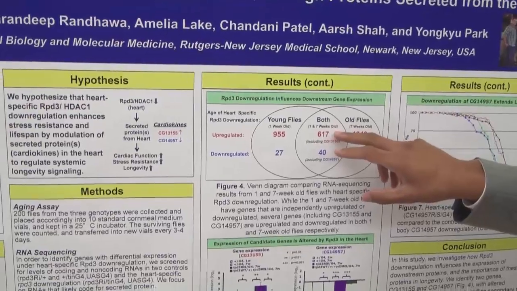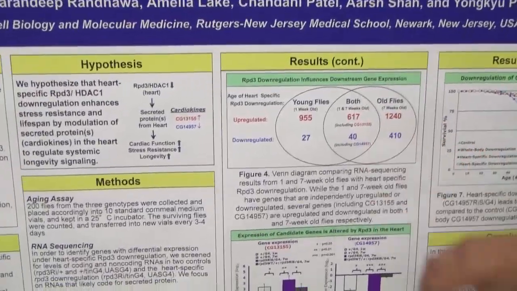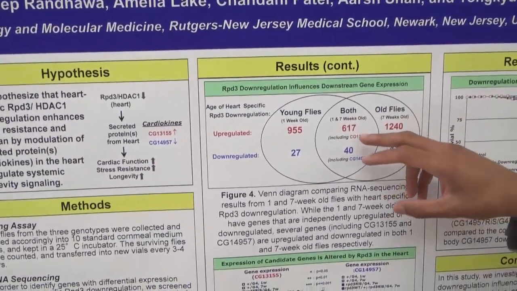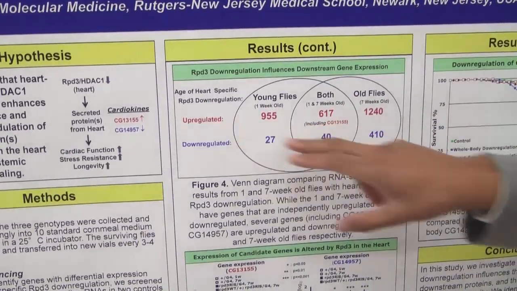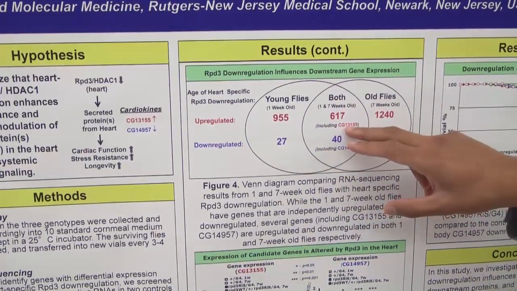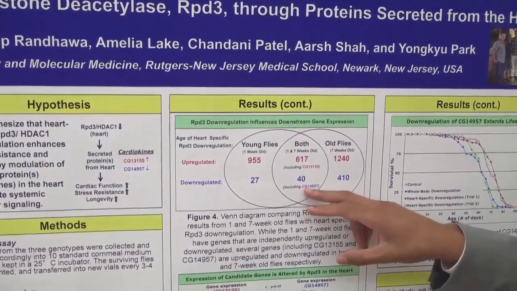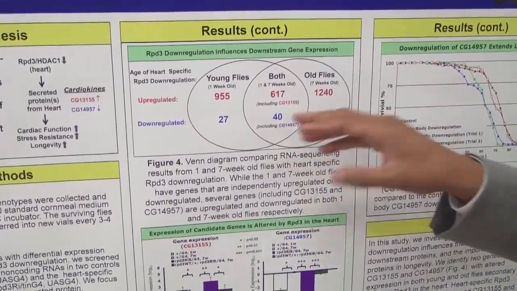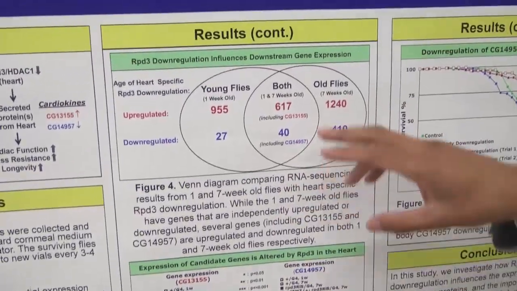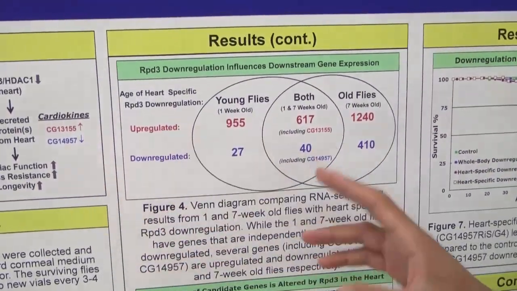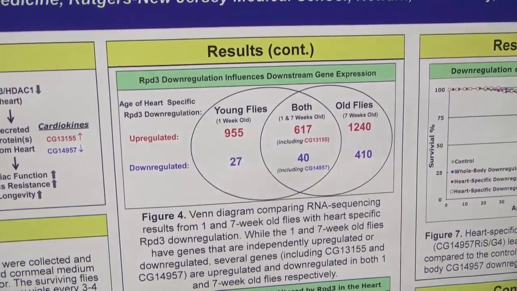We found that 617 were upregulated while 40 were downregulated, so we decided to look at the biggest changes, identifying candidate gene CG13155 as the highest increase in expression, and candidate gene CG14957 as the highest decrease in expression. That's how we identified 2 cardiokines in which we conducted further studies.